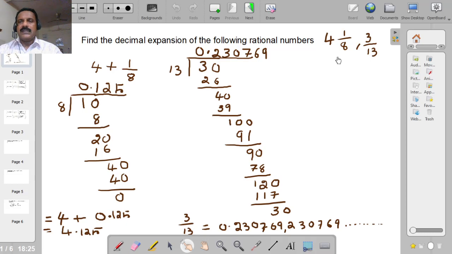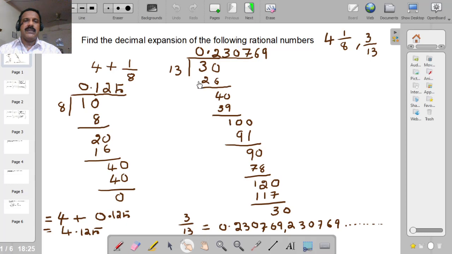Now we consider 3/13. We will be dividing 3 by 13. So we cannot take a 13 from 3. So we will be adding a 0 here, and we can take 2 13s from 30.